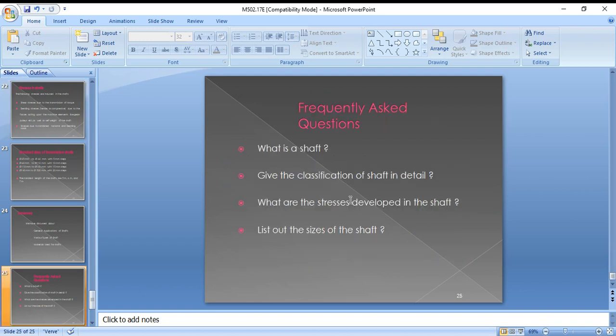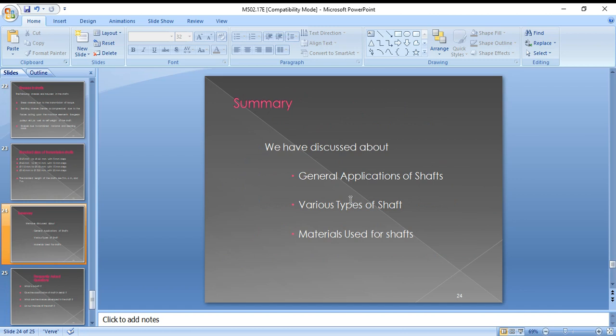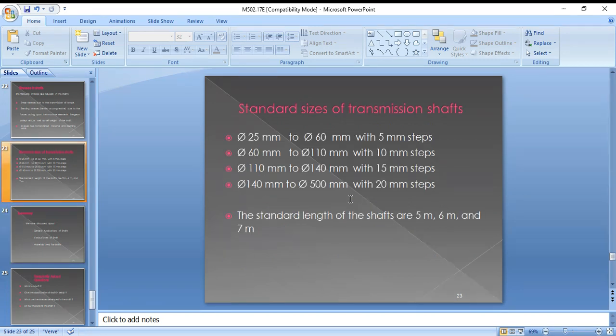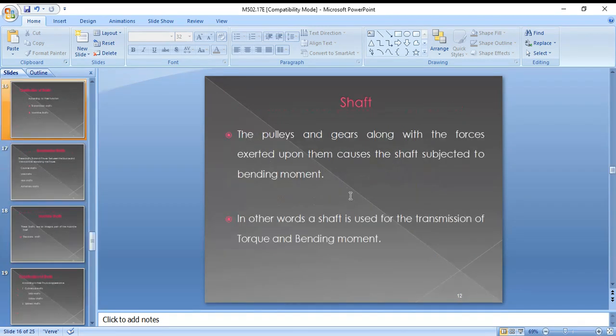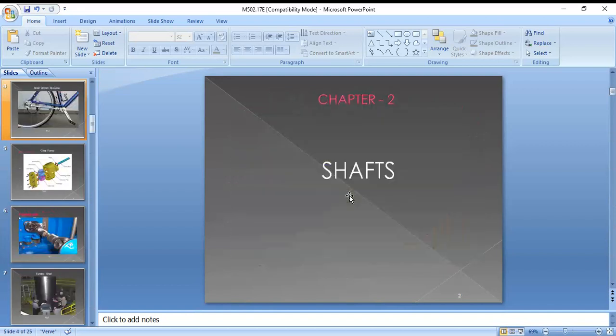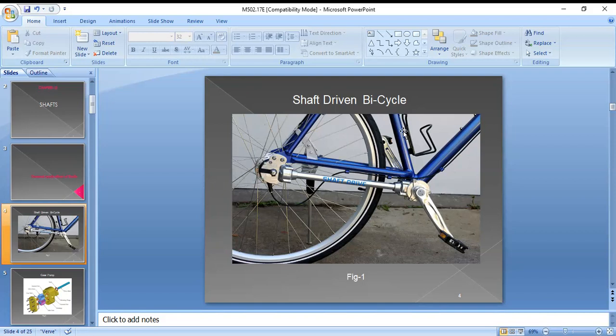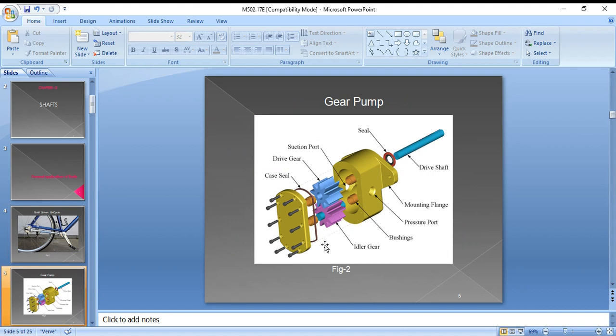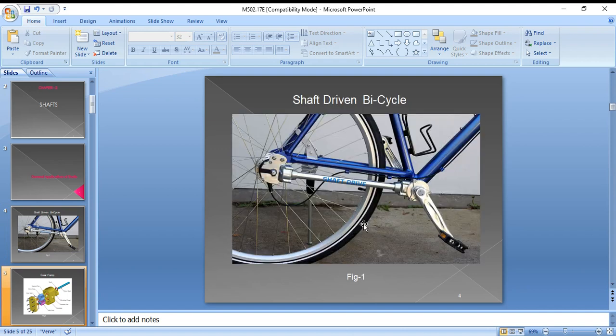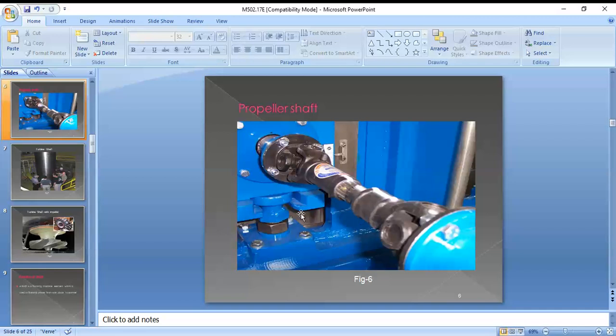Here we discussed the general application of the shaft. We use shafts to transmit power in gearboxes, clutches, propeller shafts and turbines.